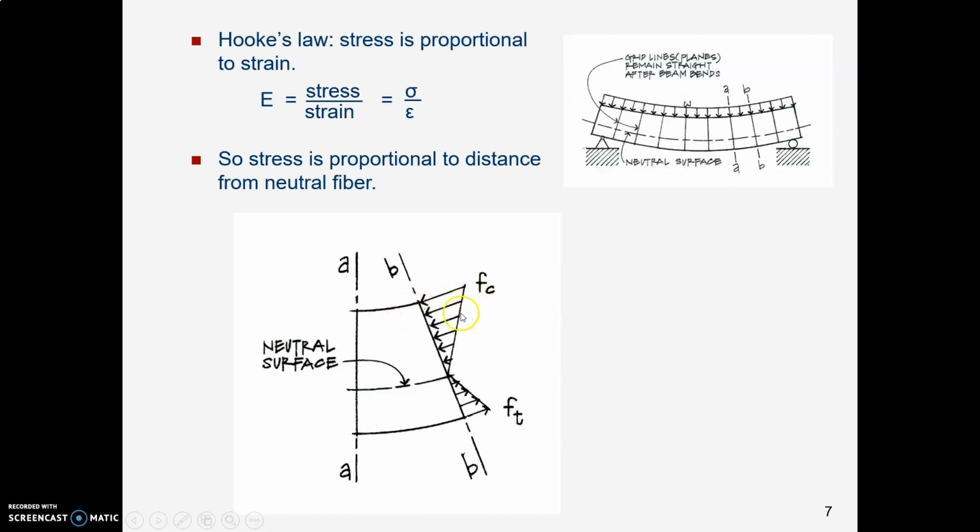And that's illustrated by these arrows that he's drawn here. So a bigger arrow is bigger strain and bigger stress. So what he's illustrating is the farther away from the neutral axis you get, the greater the stress.